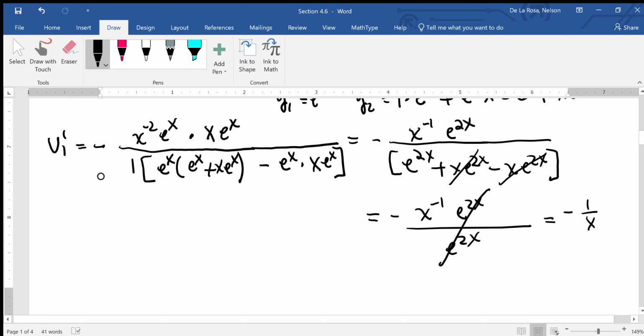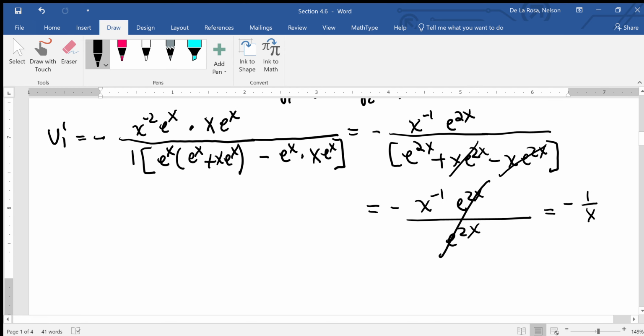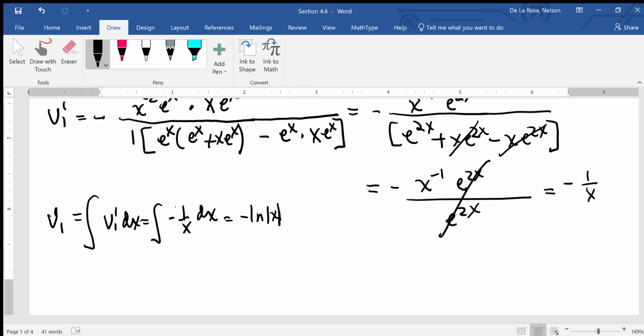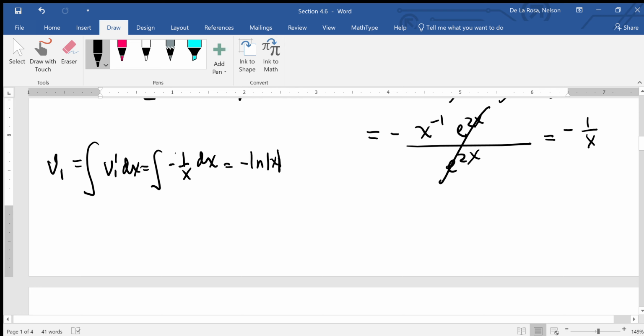So v1 is the integral of v1 prime dx, the integral of negative 1 over x dx, which is negative ln of the absolute value of x. And that's our v1.